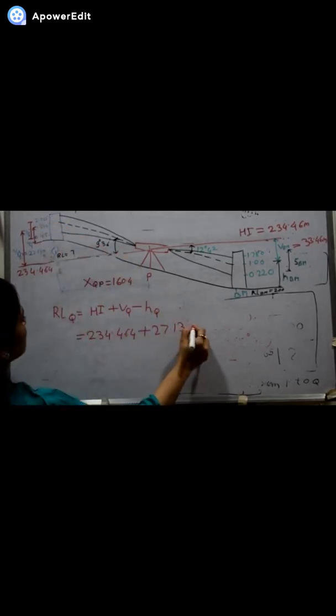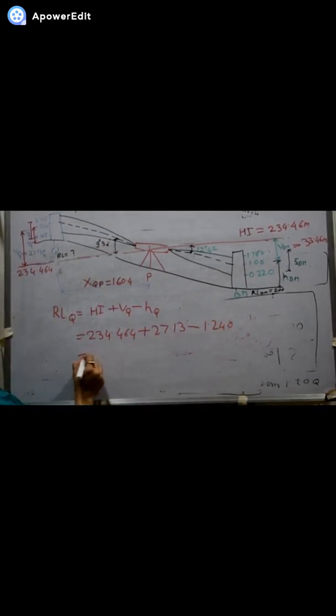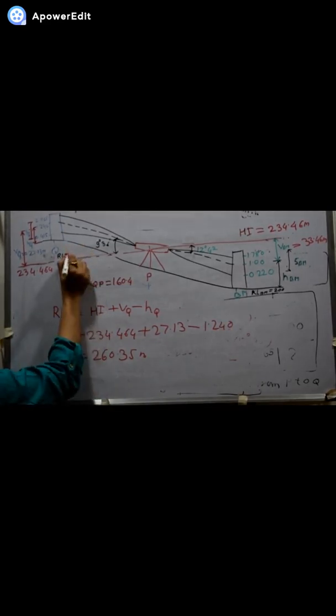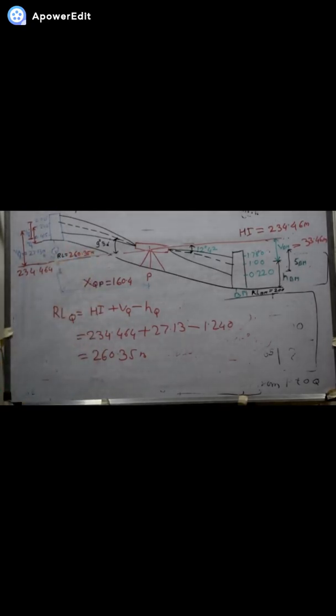Middle hair reading is 1.240, minus 1.240, and if I calculate this, the answer is 260.35 meters. The RL of Q will be 260.35 meter.